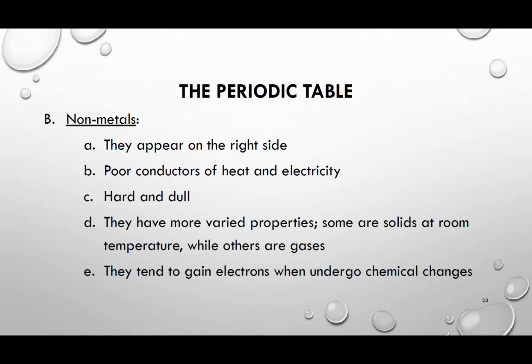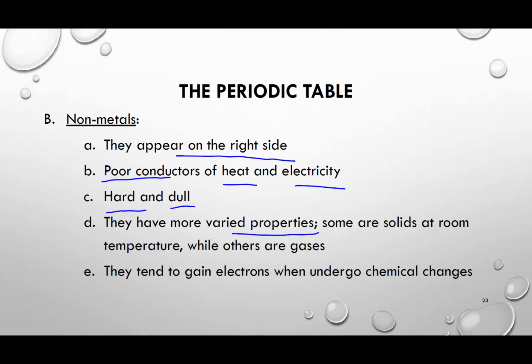Nonmetals, as we discussed, are on the right side of the periodic table, with the exception of hydrogen, which is the only one right above lithium. They are poor conductors of heat and electricity. They are very hard and dull. Look at carbon or diamond. You see how hard it is? They have so many different properties.